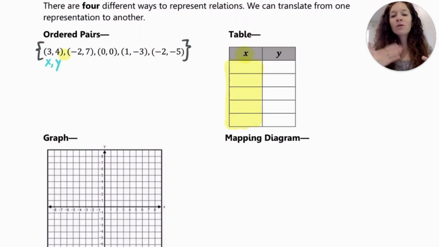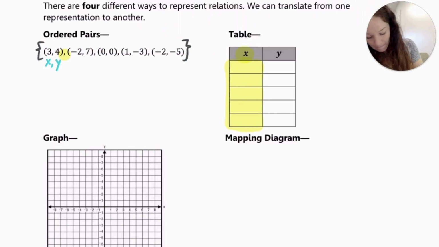So if I look at my ordered pairs, I'm looking for the X that's the smallest, and right off the bat I see -2, but I see it twice.